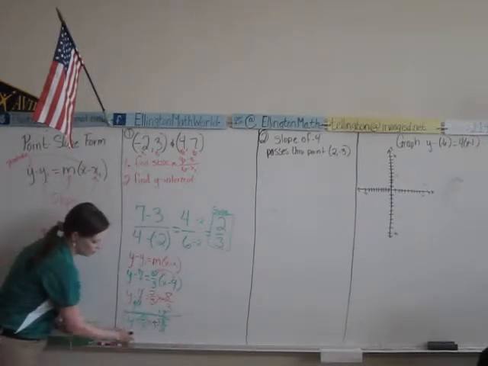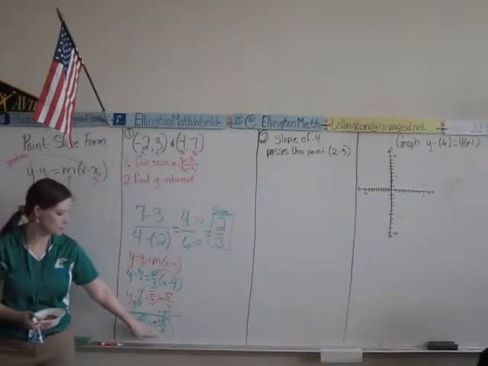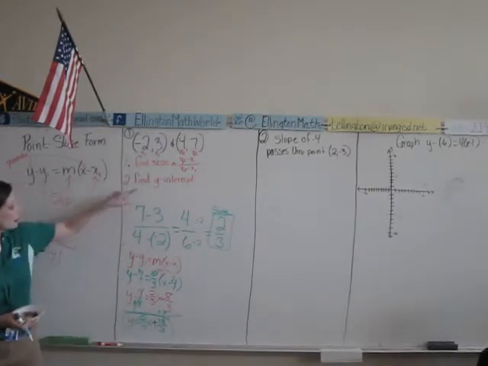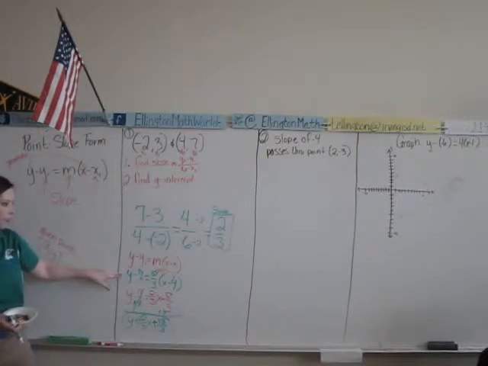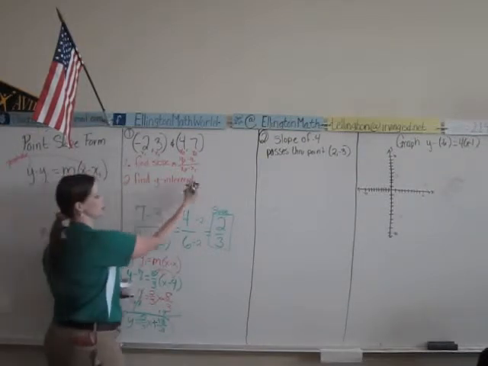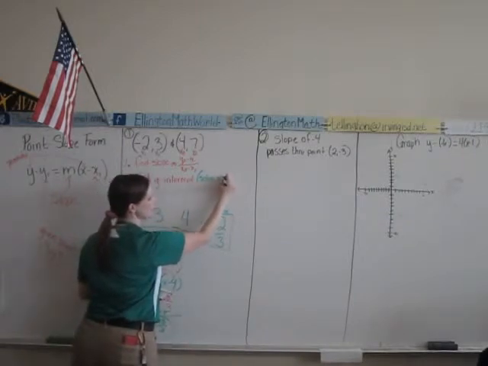And right there, now which one's my y-intercept? Do I have the y-intercept now? Yes, I sure do, right there, there's the b. So by finding the y-intercept, all I did was solve the point slope form for y.